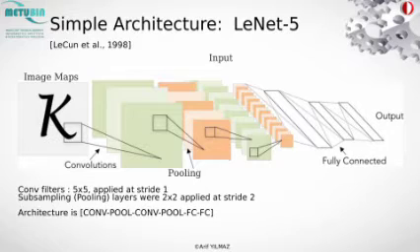So the fully connected network contains two hidden networks and one output layer. As you can see, excluding the output layer and the image map, we have 5 layers. In the first convolution layer, they use 5 by 5 convolutional filters.